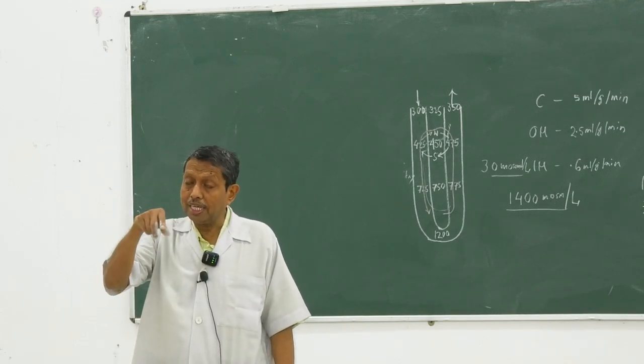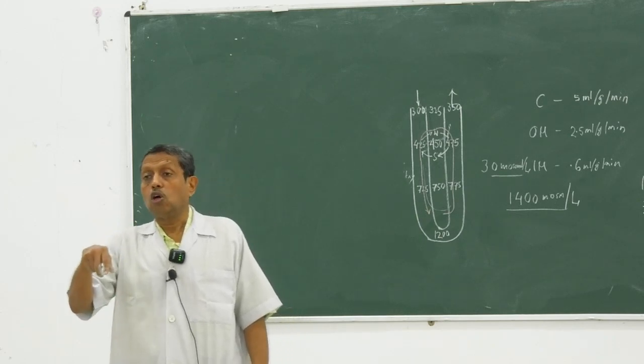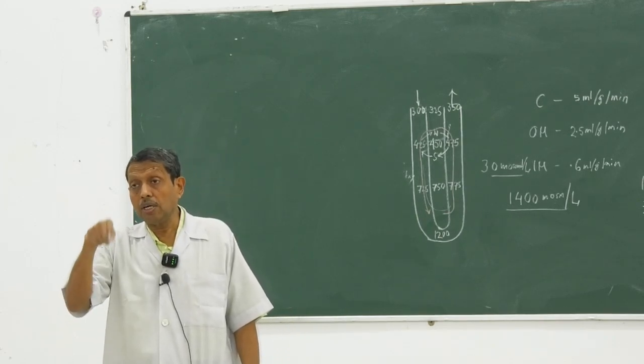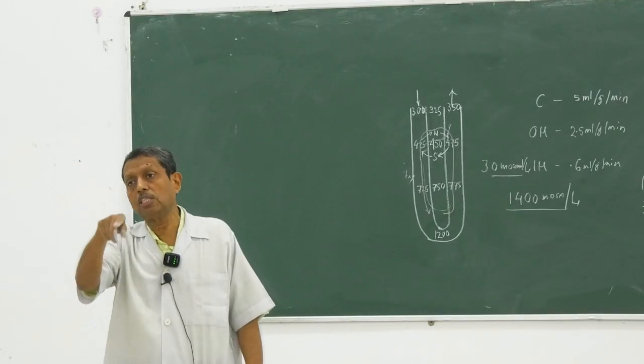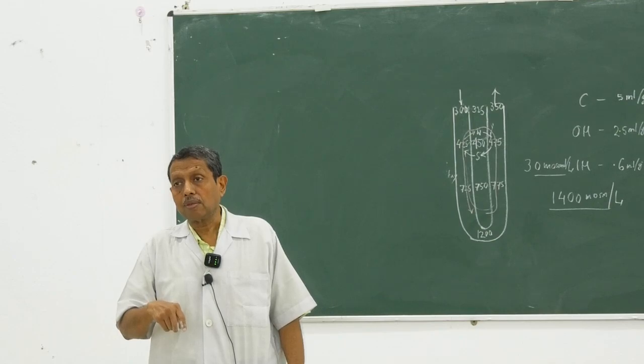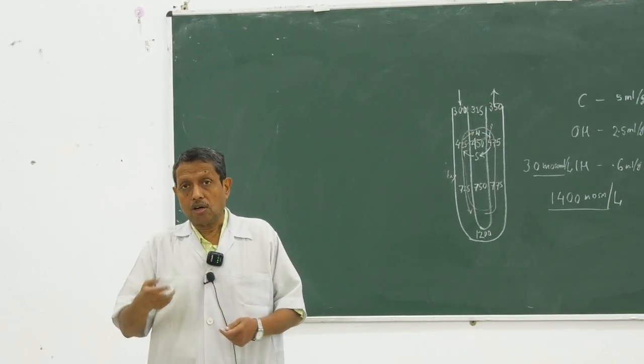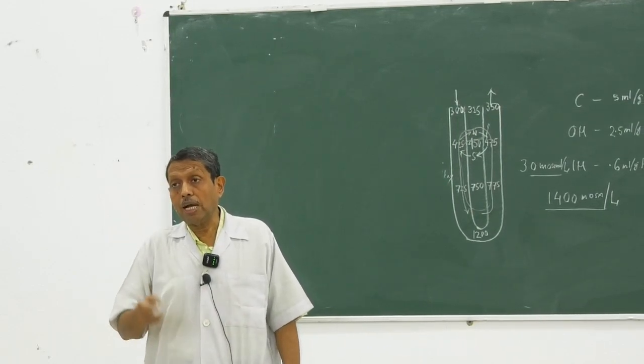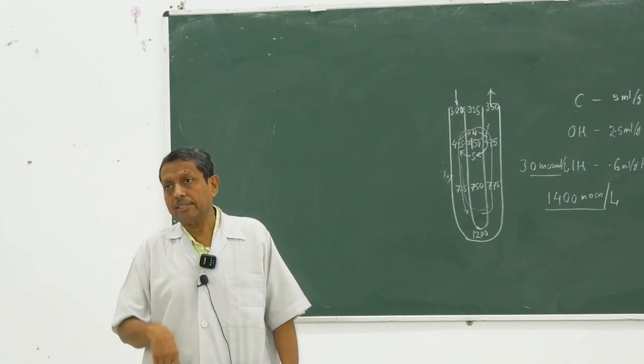But whenever there are non-reabsorbable osmotically active particles, suppose its concentration falls to 100 milliequivalent per liter, and the tubular cells cannot reabsorb sodium against their gradient.